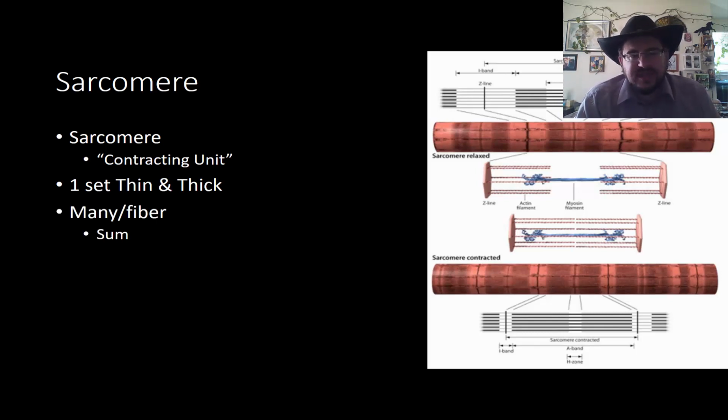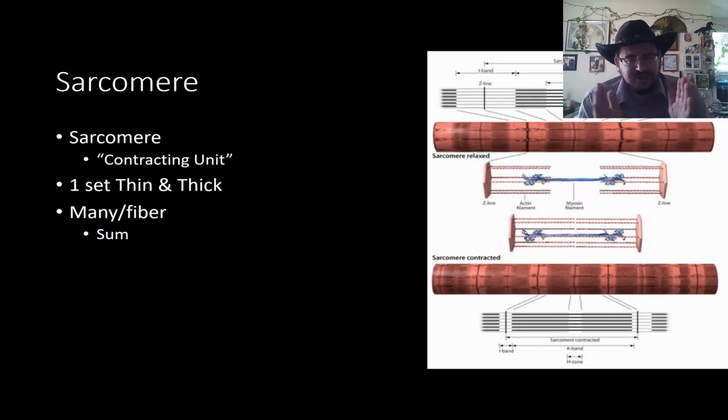There are, as I said, lots and lots of sarcomeres in a single muscle fiber. And how much that muscle fiber can contract is based on the number of sarcomeres. In other words, contraction is the sum of sarcomere action. The amount a muscle fiber can contract is based on the amount of sarcomeres that will contract.